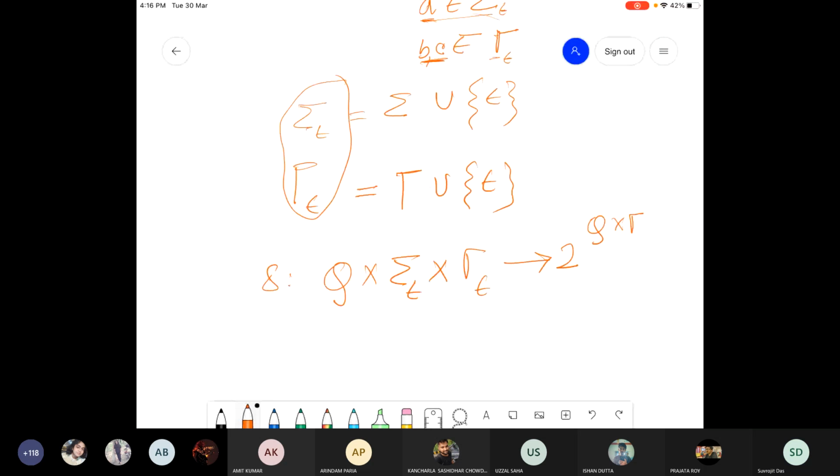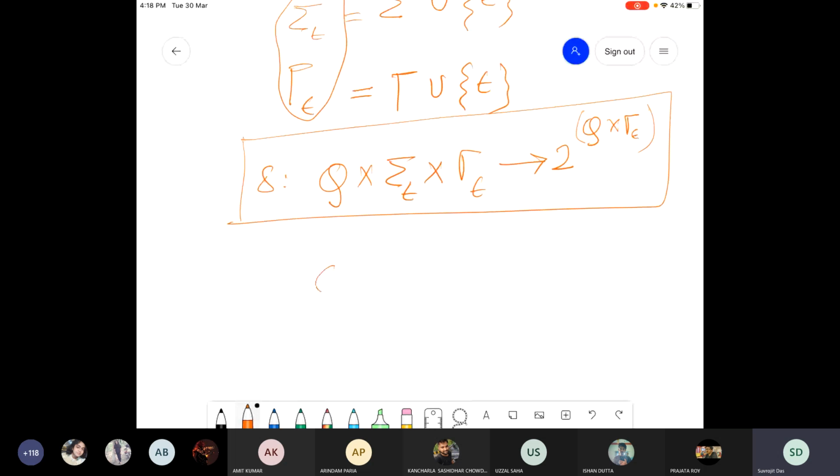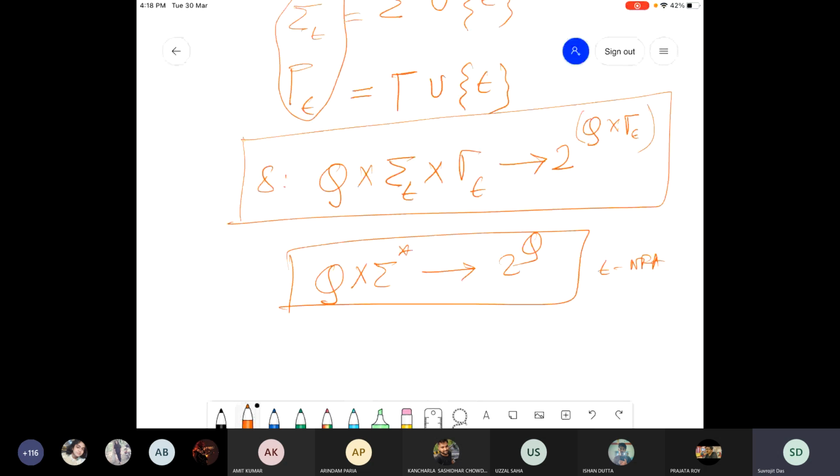So this is how I can represent the PDA transition. If you remember, the transition for an epsilon NFA was Q cross sigma star taking you to 2 to the power Q. Do you remember? This was the epsilon NFA, the most general definition of epsilon NFA in a finite automata class. And this is the most general expression of non-deterministic push-down automata.